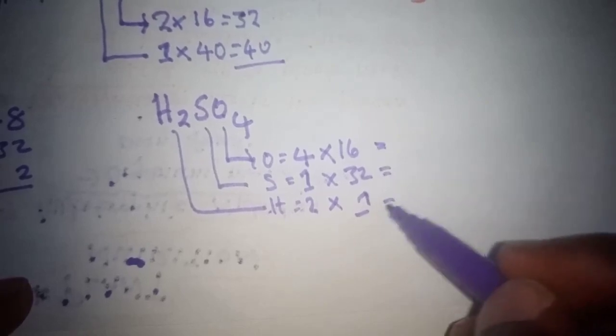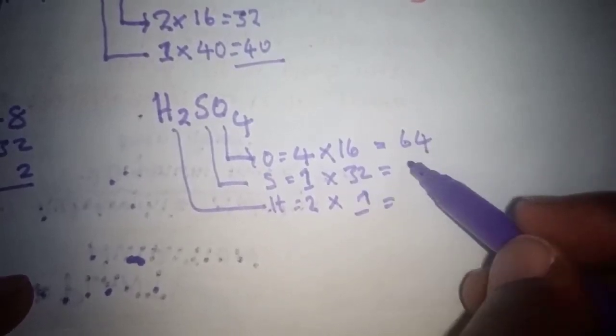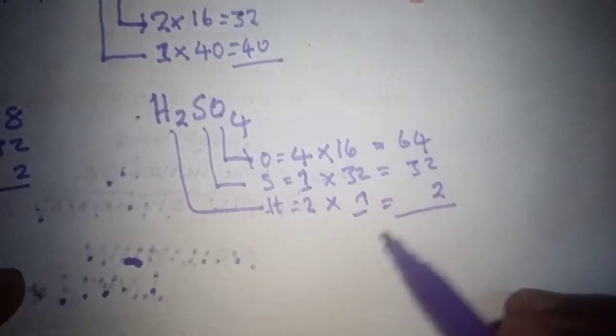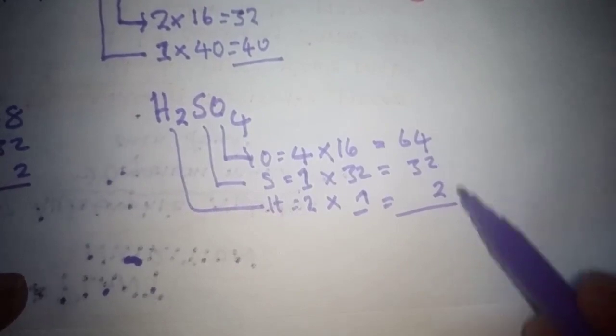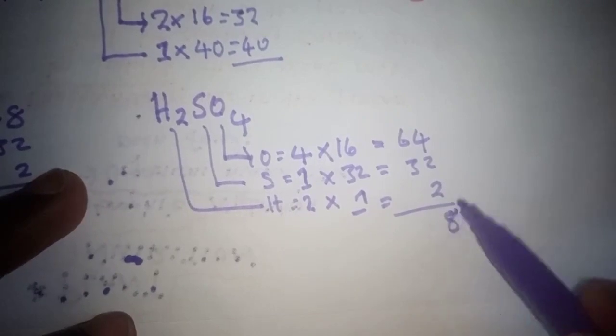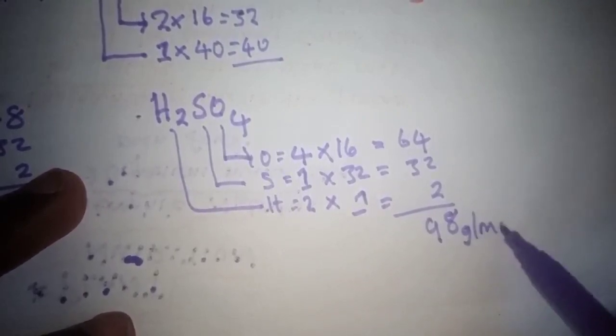Then we get our totals, 4 by 16, that is 64. You have 32, and then you have 2. So here you add 64 plus 32 plus 2, and you get 98.